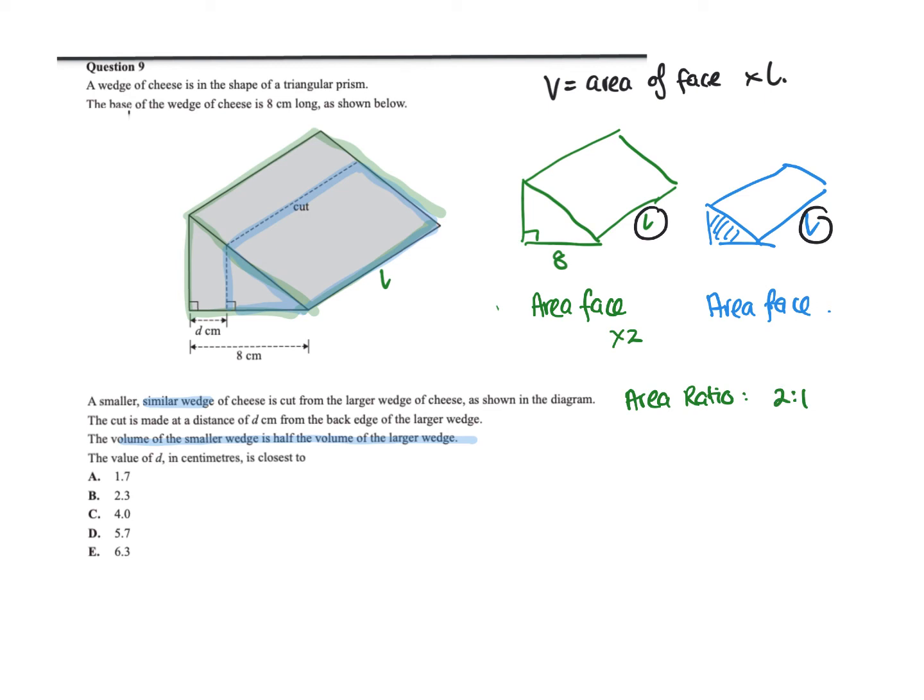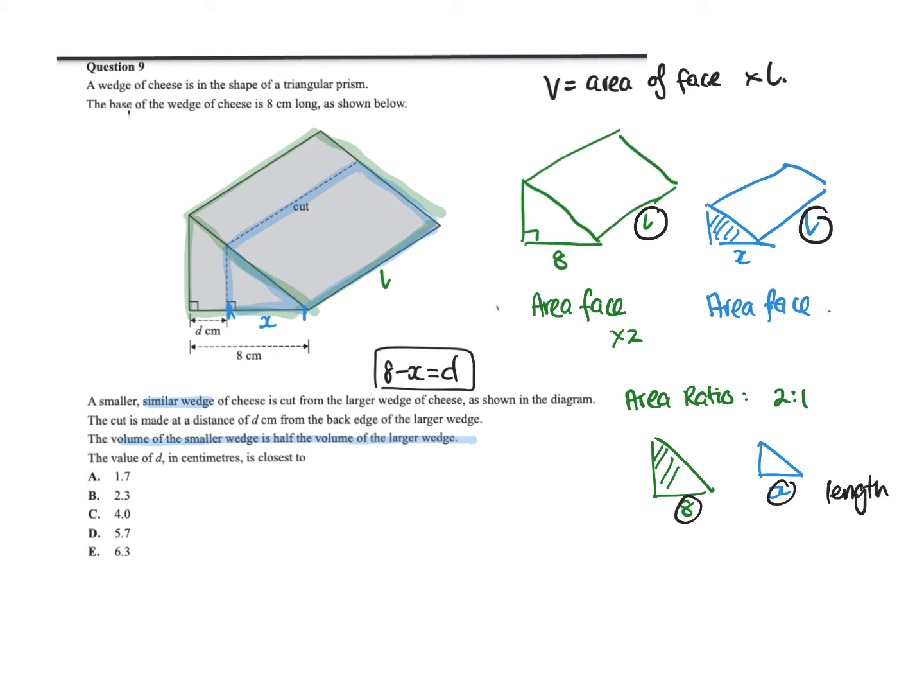And if you look here, if I call this bit X, from here to here, we can see that 8 minus X equals D. That's how we're going to find it. So we need to find D. If you think about it, we've got this area, and we've got a length, 8, and the thing X. So these two things here, the 8 and the X, that's a length.